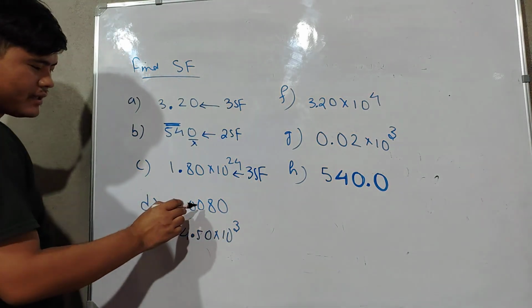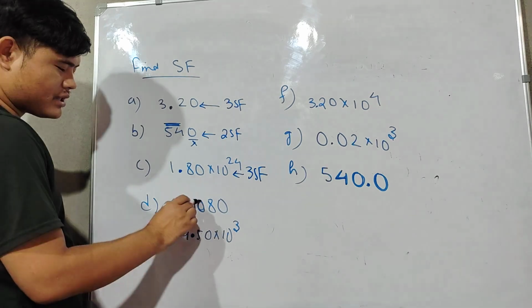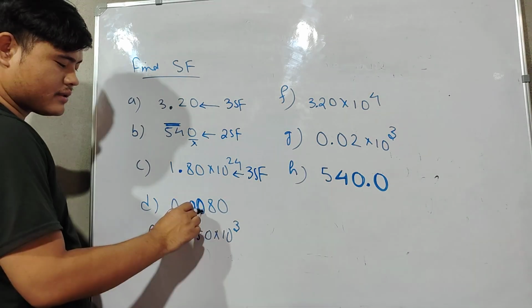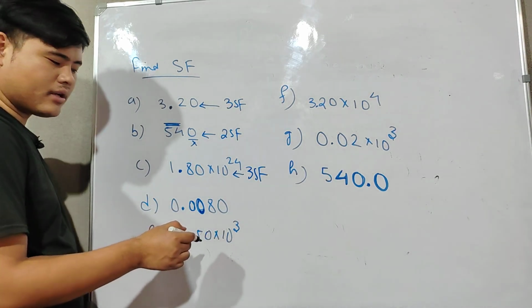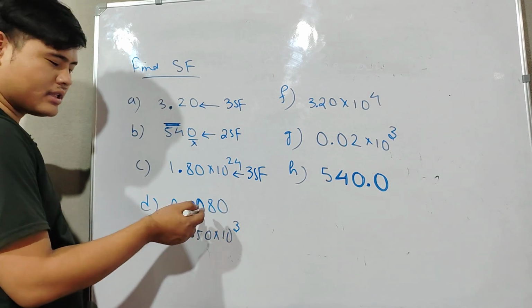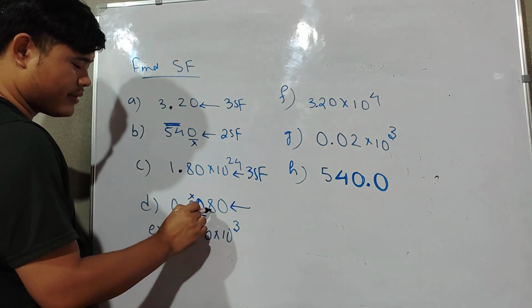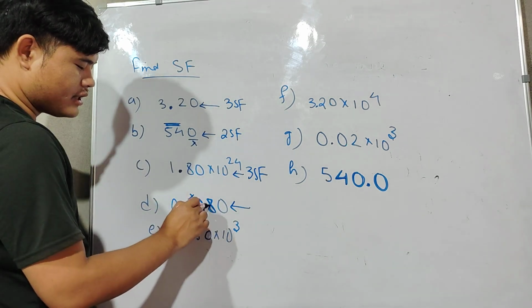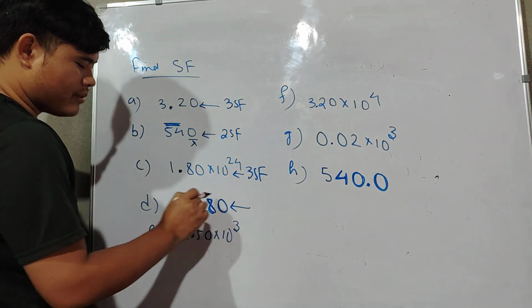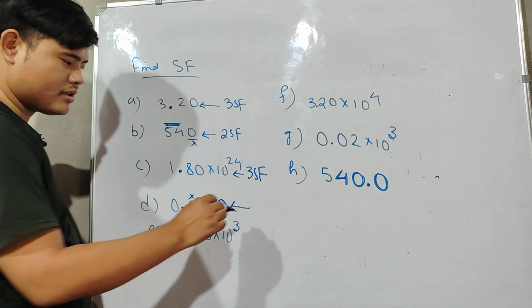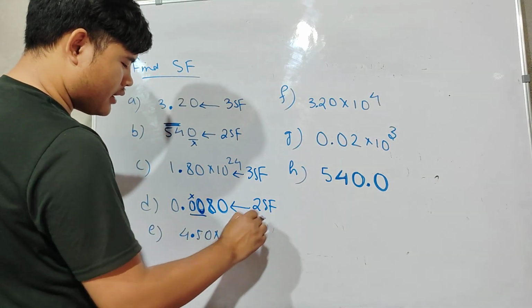Now here this 0 will not be counted as significant because the number is less than 1 and the 0 is at the beginning. So this will not be counted. But this 8 will be counted, a non-zero digit, and then this 0 will also be counted because it appears after the point. So 2 significant figures.